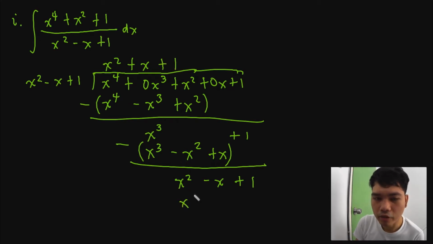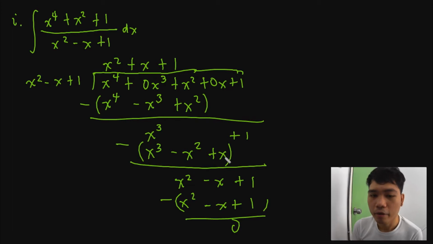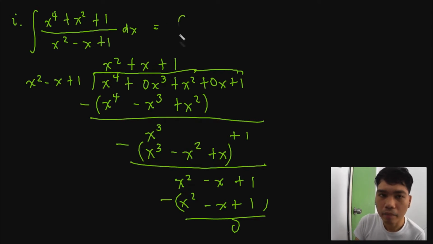Then we have x squared minus x plus 1, and subtracting this gives us 0. So our division is perfect. That means if you divide this by this expression, we get this answer. In short, this is equal to the integral of x squared plus x plus 1 dx.